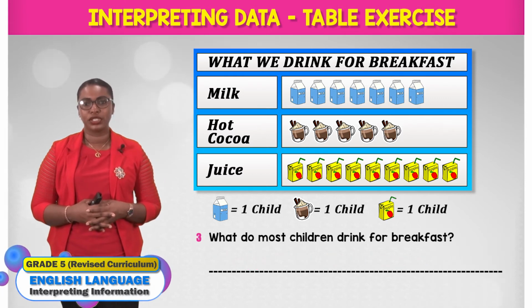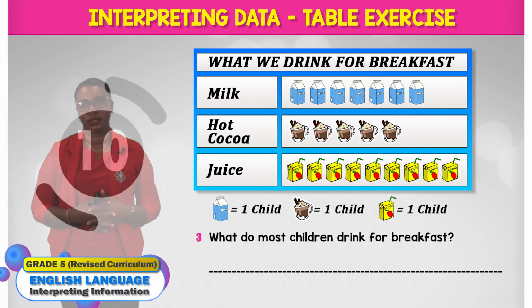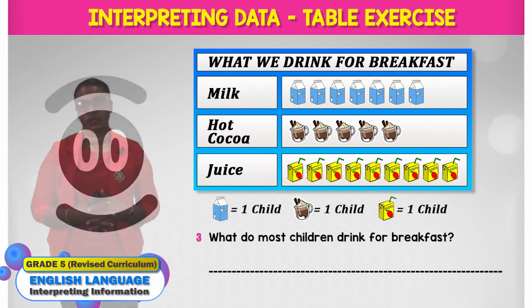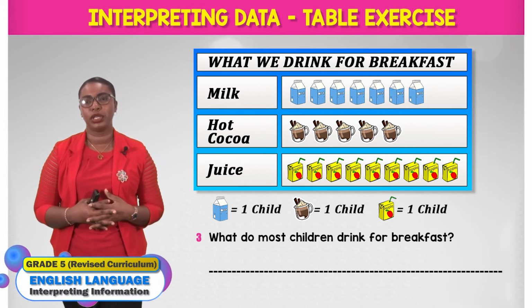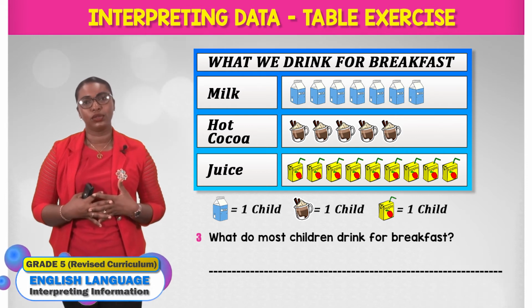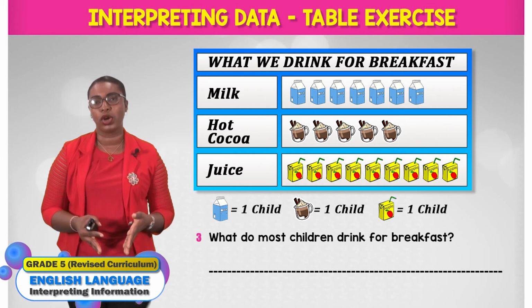The next question, what do most children drink for breakfast? How do we determine which one most children like? If we look again, we realize that each symbol represents only one child.